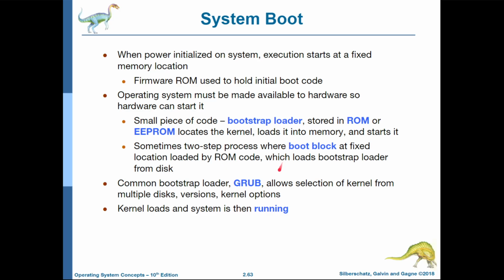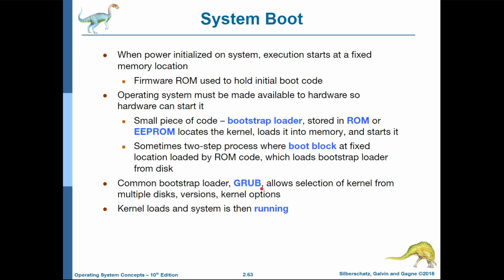So one of the common ones that we see is the grub bootstrap loader and boot block. The grub system isn't necessarily a kernel. It is just simply a small program that allows you to choose from a list multiple different systems, different kernels.